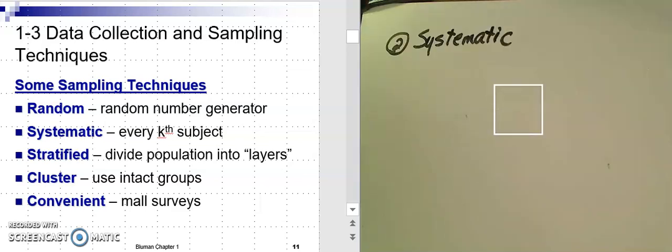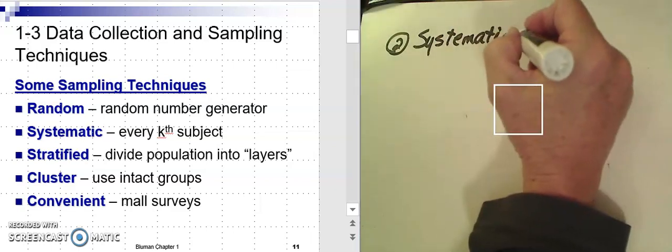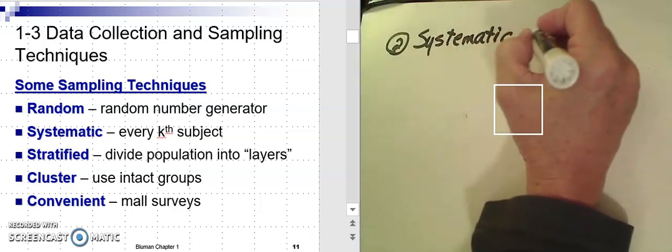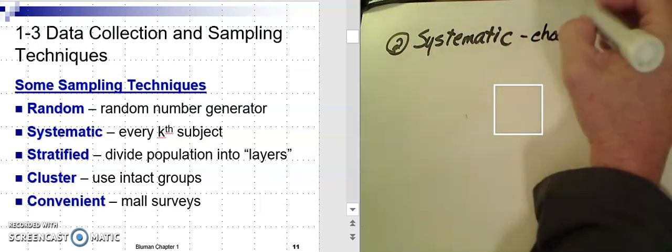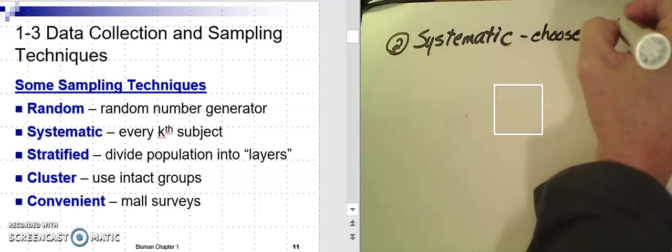A second way of collecting a sample is systematic. And I noticed in the book it says every kth subject. Usually we do this when we're maybe on an assembly line and it's predetermined that, as an example, we're going to choose the 17th item coming off the line.